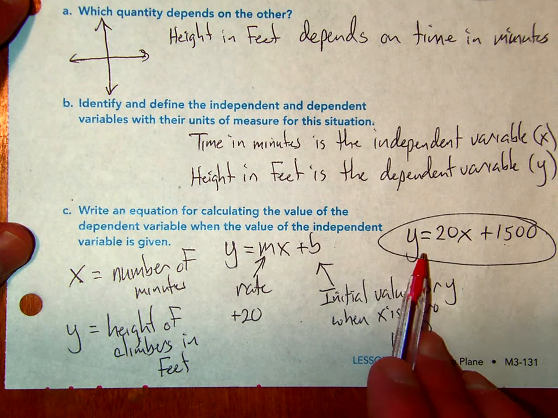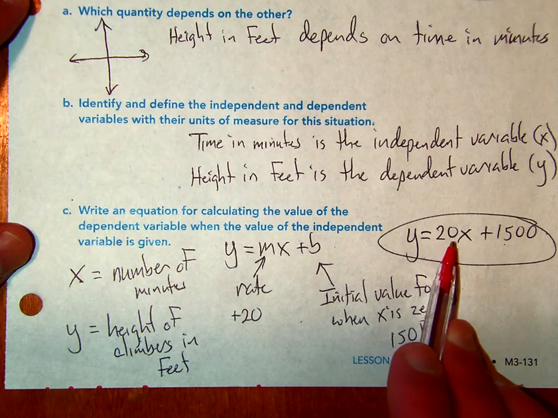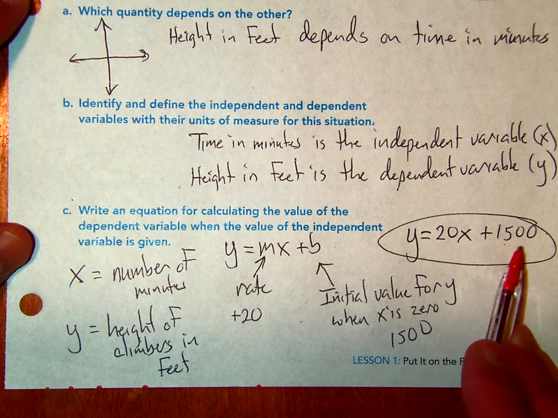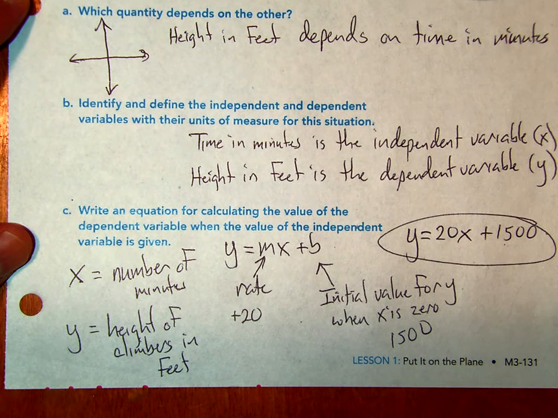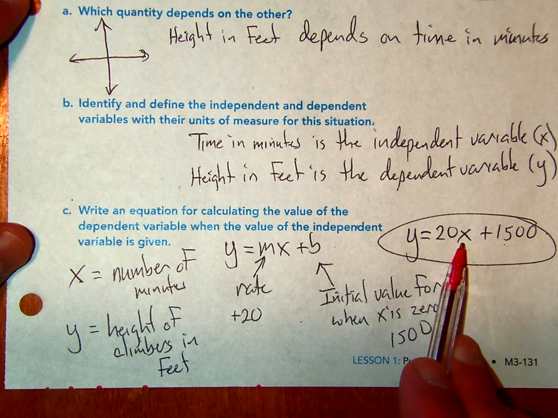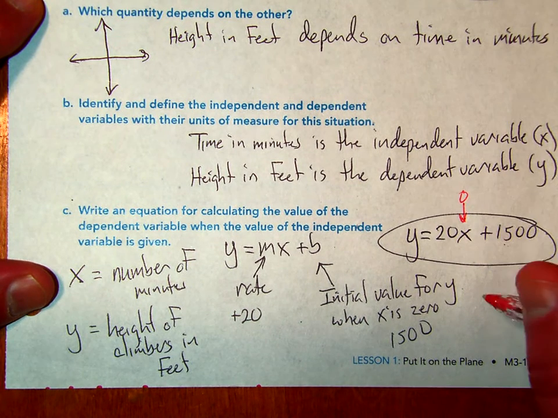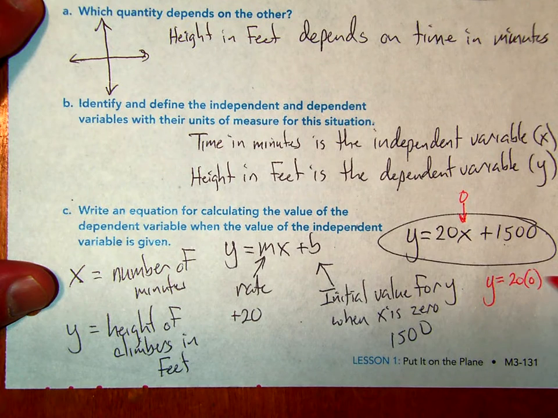This Y output, or height in feet, equals 20 feet per minute times x, plus the initial value, the 1,500 feet. When we arrive, when time is 0, if I substitute a 0 in here, I get Y equals 20 times 0 plus 1,500.